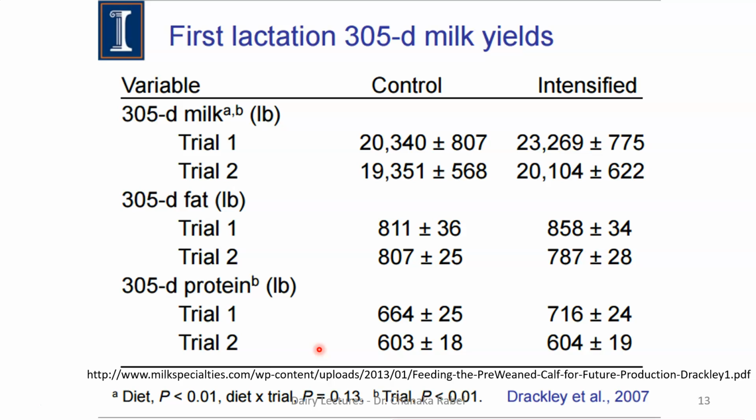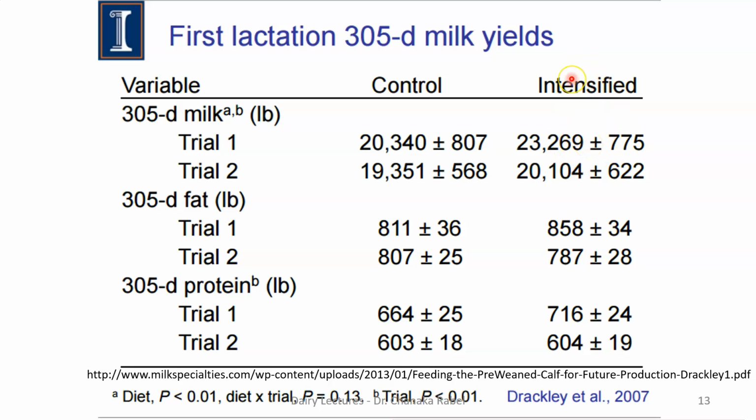So this shows a comparison of an intensified feeding management experiment and control feeding. Control is the traditional, conventional feeding. So they have done two trials. On the first trial, 3 or 5 day milk is higher with intensified feeding.